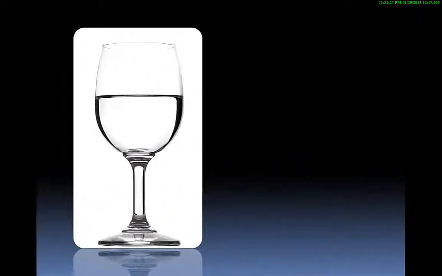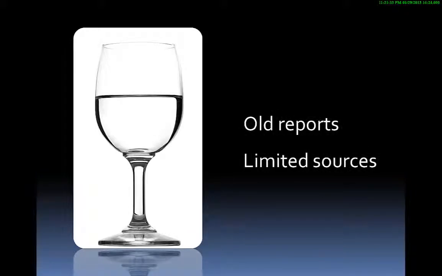But even with that, some may still just see a glass that is half empty. The arguments mostly are that these are really old reports and from very limited sources. And speaking of sources, so far the data we have in the database consists of the historic pest condition reports we have in this region, and of course new pest condition reports.